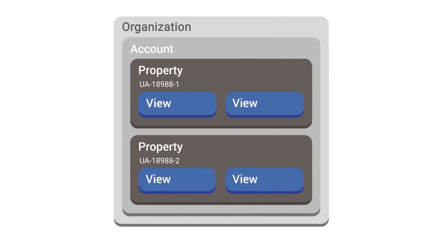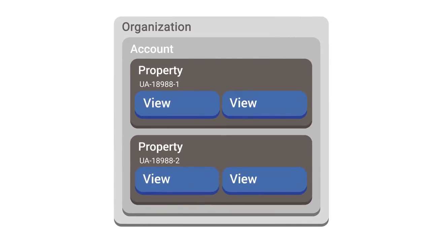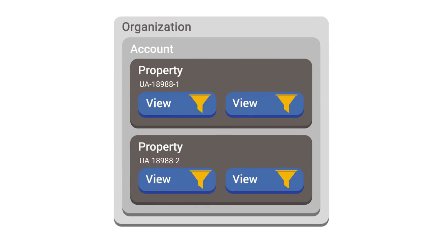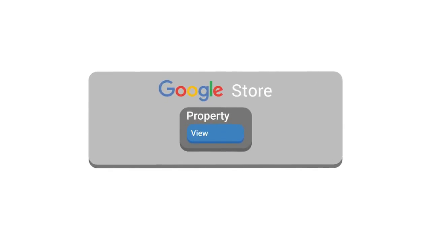Just as each account can have multiple properties, each property can have multiple views. You can use a feature called filters in your configuration settings to determine what data you want to include in the reports for each view. For example, the Google Store sells merchandise from their website across different geographical regions.